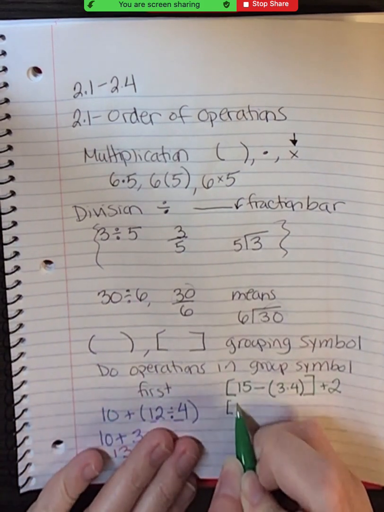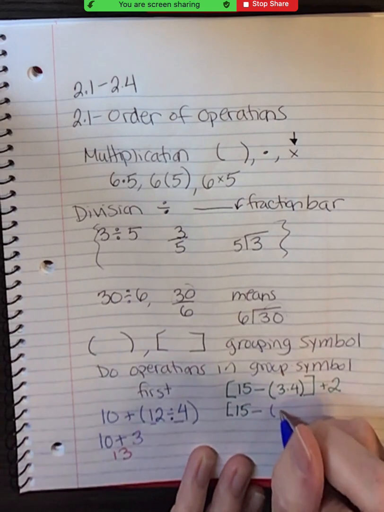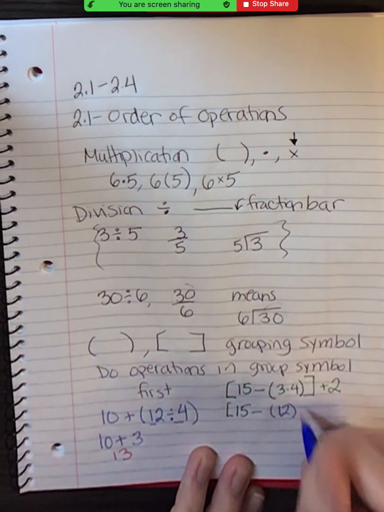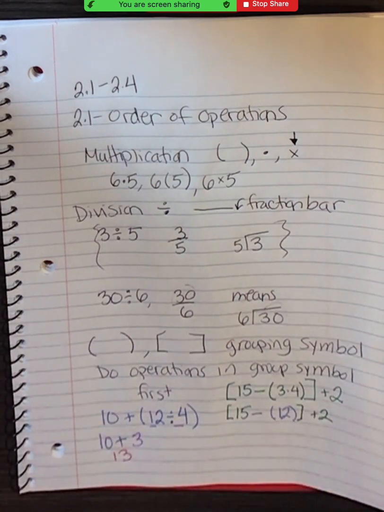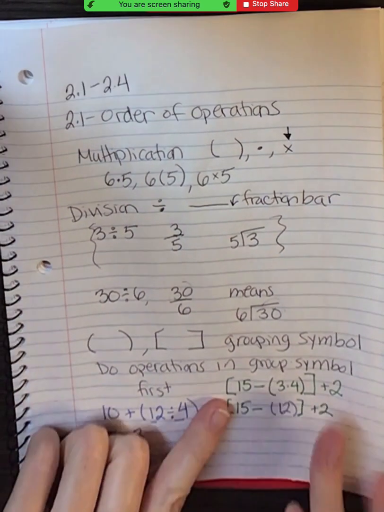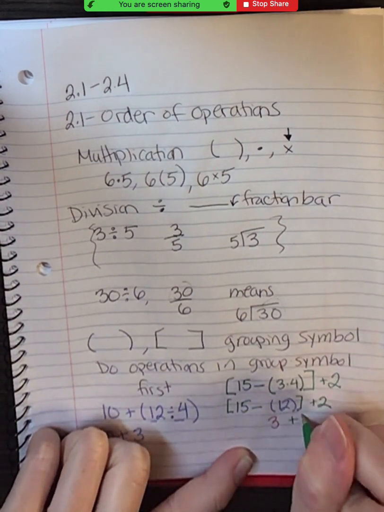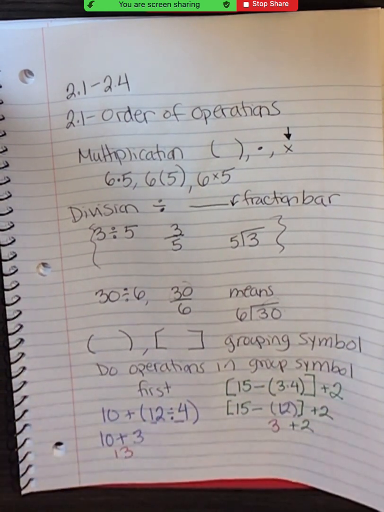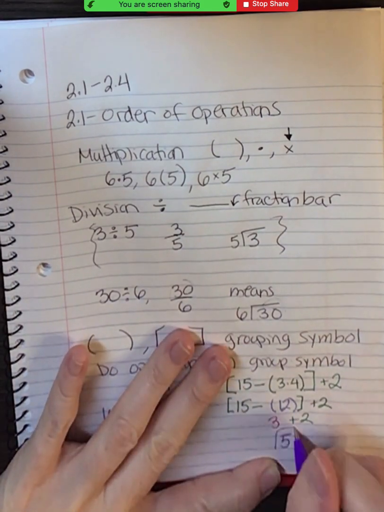So you're going to do 15 minus parentheses first. 3 times 4 is 12. Then go into your brackets. 15 minus 12 is 3. And then finally, 3 plus 2, and you get 5.